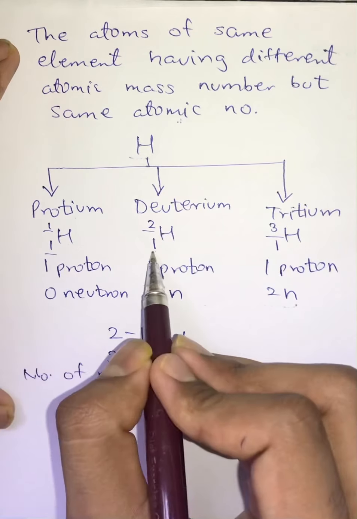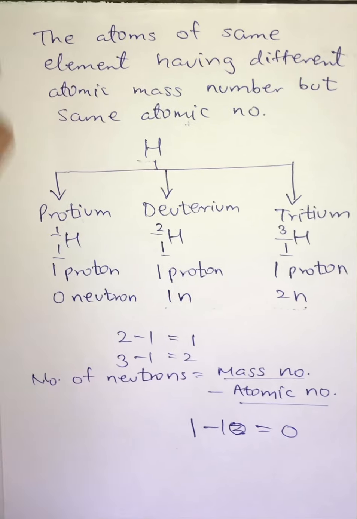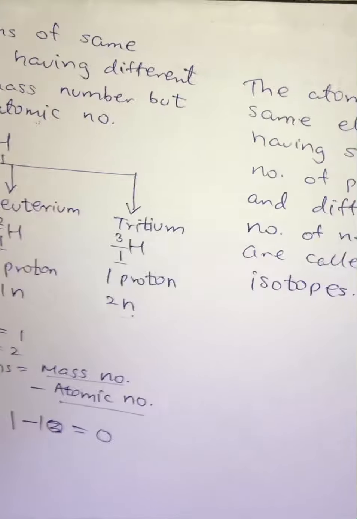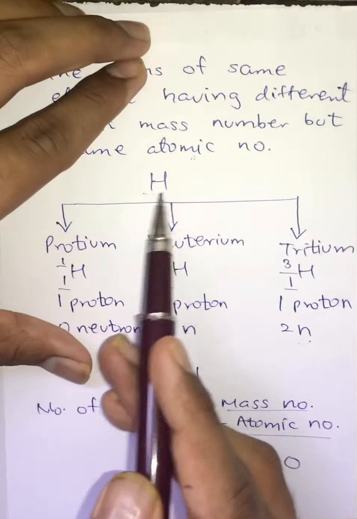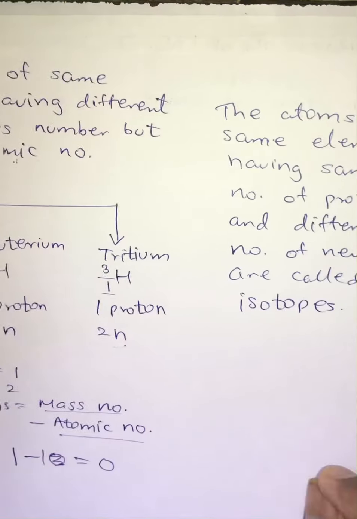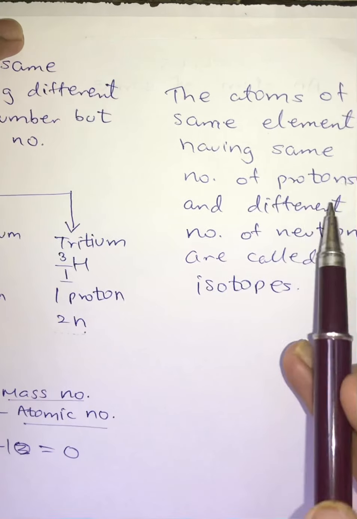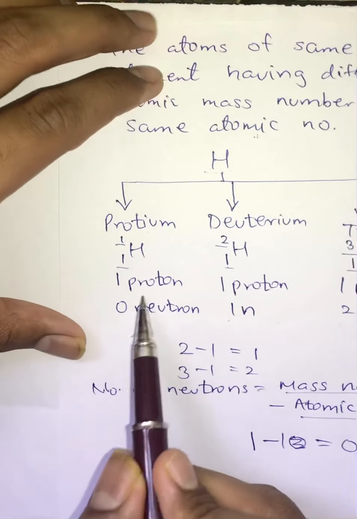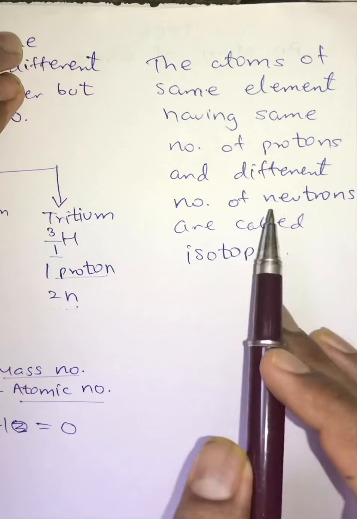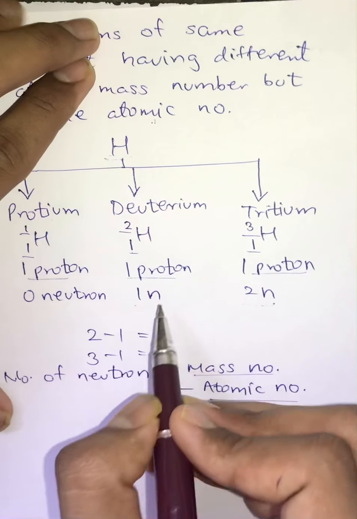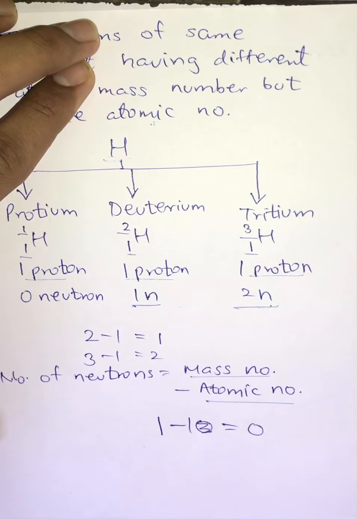And the second definition which we have seen just now: the atoms of same element, hydrogen, having same number of protons, one each, and different number of neutrons.